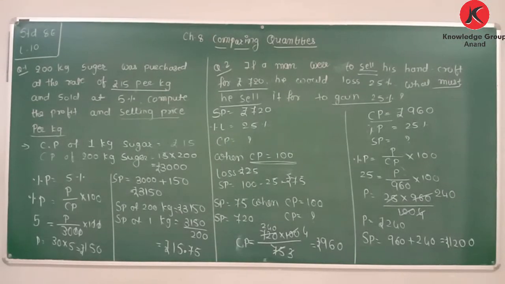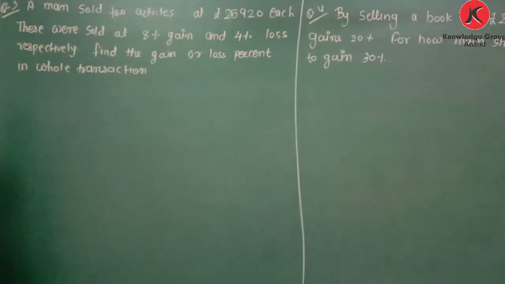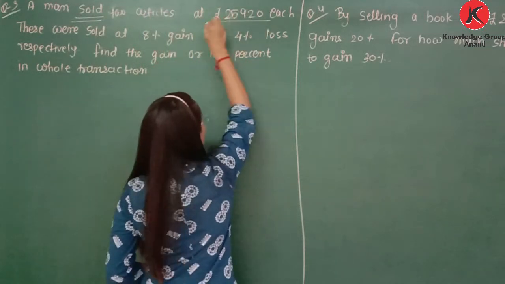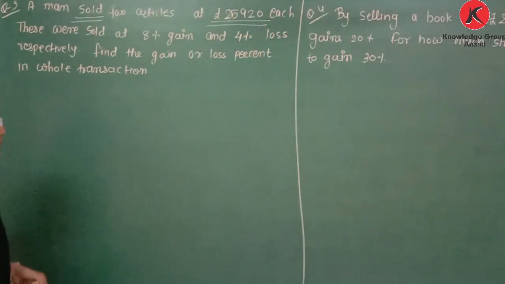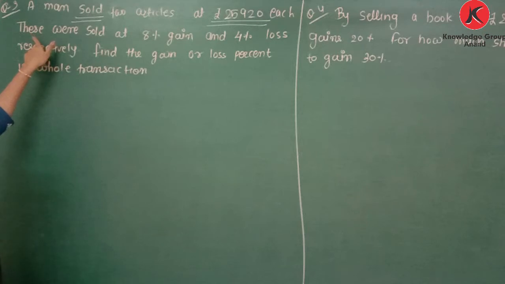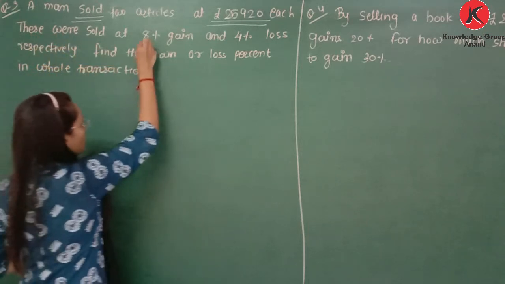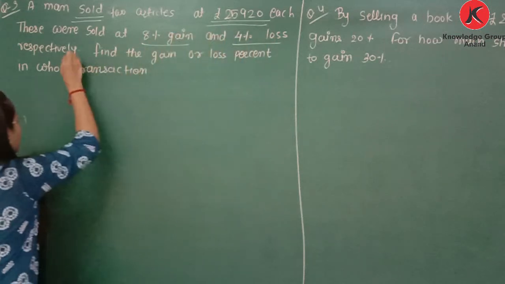Now let's take the next example. A man sold two articles at 25,920 each. They were sold at 8% gain and 4% loss respectively.